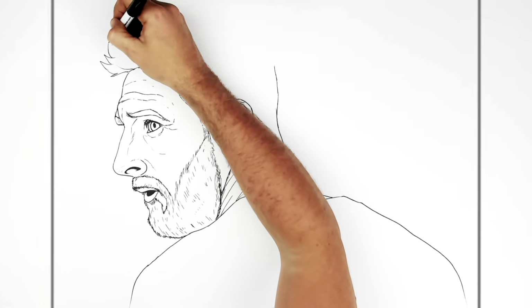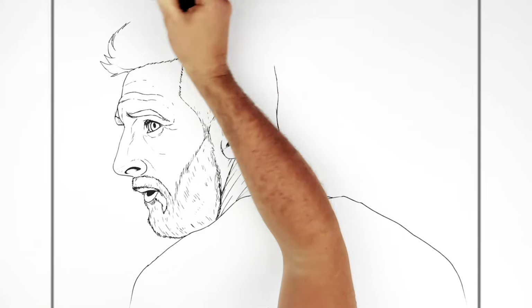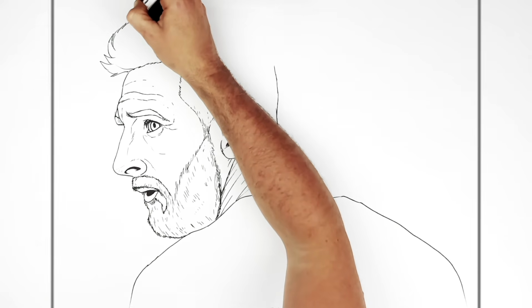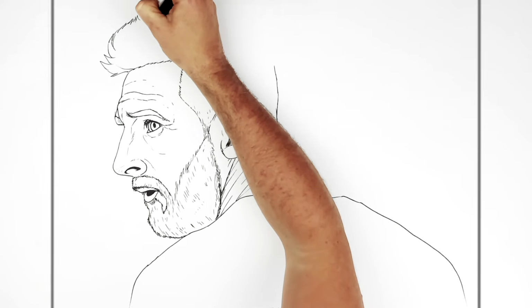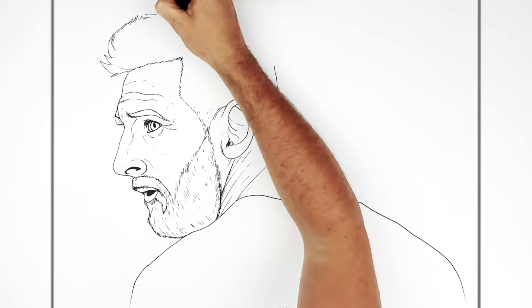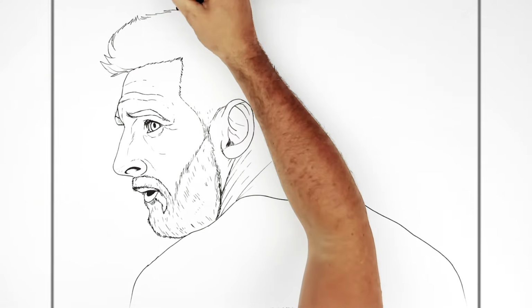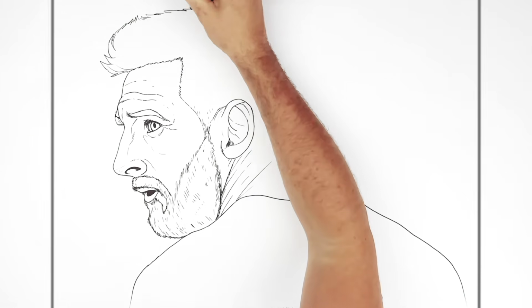Hair going this way, and then all back this way as well. At some point it changes direction, so it starts to spike up and then just goes back this way. It's like his fringe hooks up and then changes direction towards the back of his head.